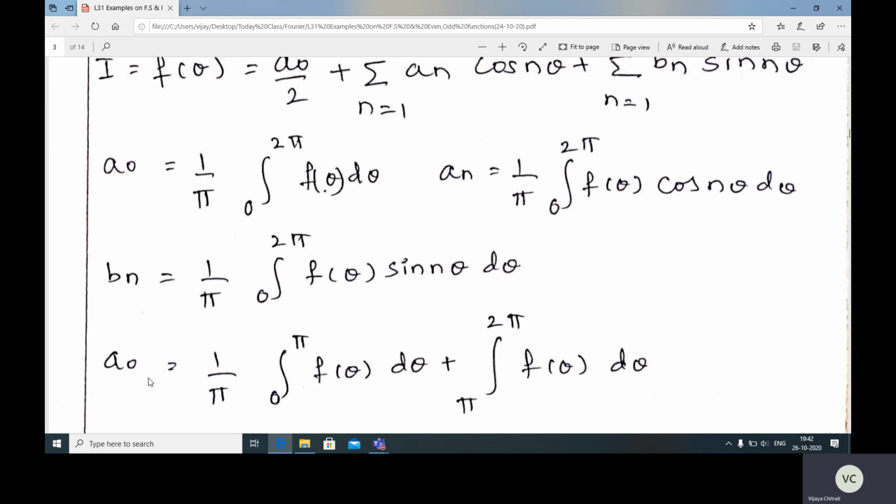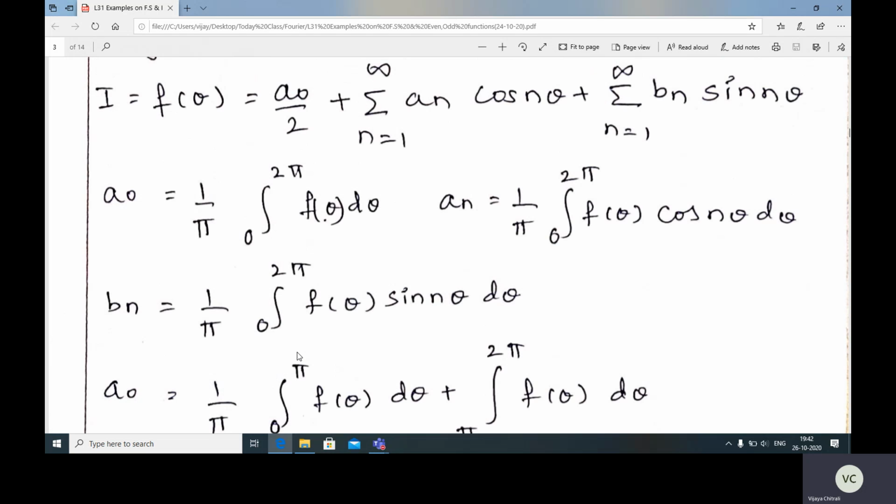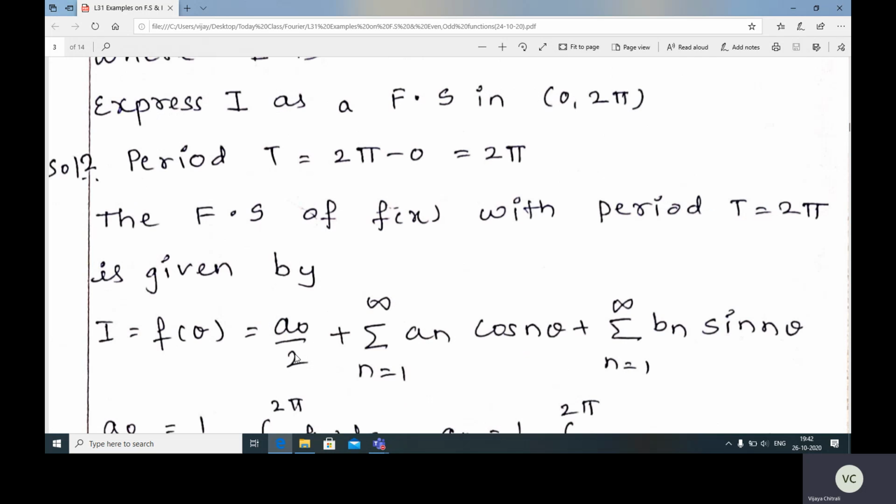So first a naught. A naught is equal to 1 by pi, integration from 0 to pi f of theta d theta plus integration from pi to 2 pi f of theta d theta, because 0 to 2 pi is divided into two sub intervals, 0 to pi and pi to 2 pi.